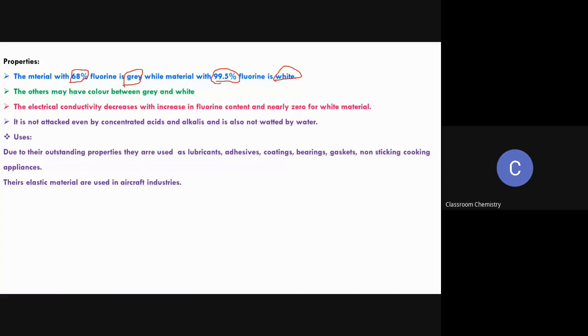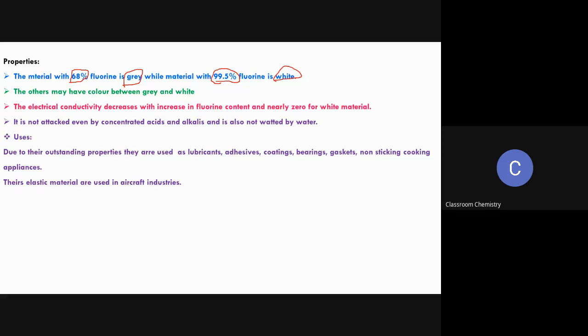Even when water falls on it, it does not get wetted, and that's why the stability of this inorganic polymer is very high as compared with other polymers. Okay, why? Because it is not attacked by concentrated acids and alkalis, and is also not wetted by water.